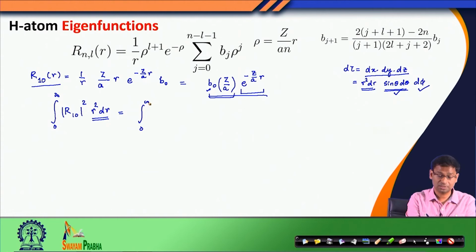Now I would write the integral from 0 to infinity of r square and then the square of this function. Here b 0 is a constant, so b 0 square and z over a square, these constants I take out, and the square of this function is simply an exponential with a minus sign.